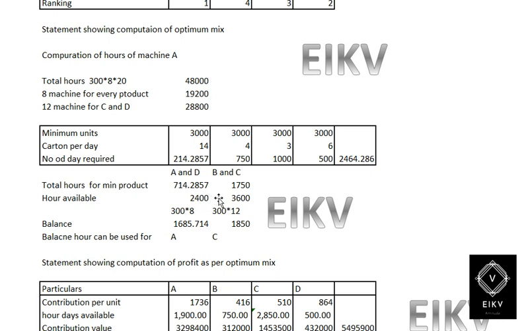When we deduct 714.2 from 2400, we will get 1685.8. And when we deduct 1750 from 3600, we will get 1850. So these are the balance days available for allocation.